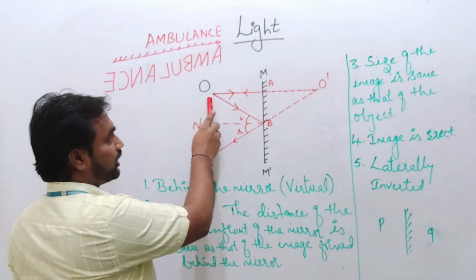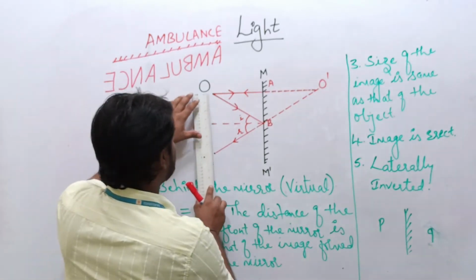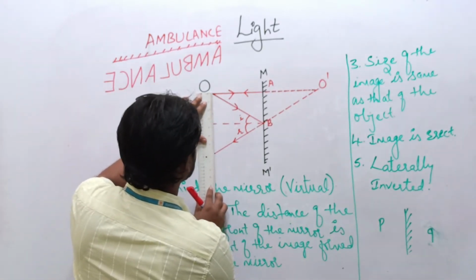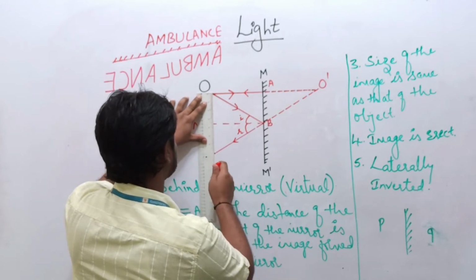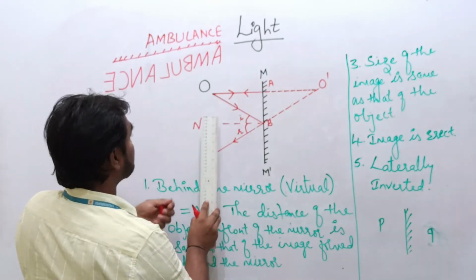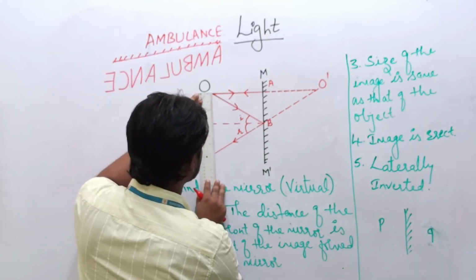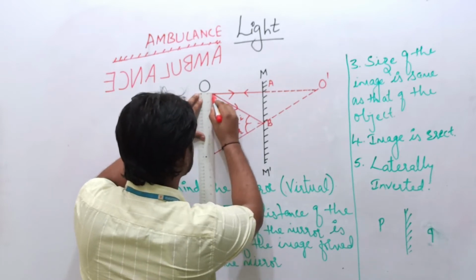I have taken a point object here. What you can do is take a finite object here and draw one line, so that it would be a finite object.